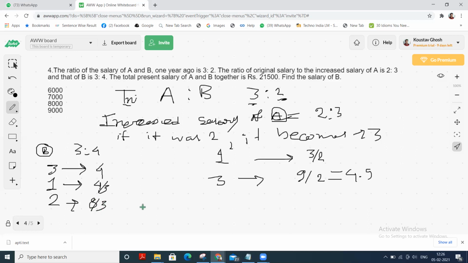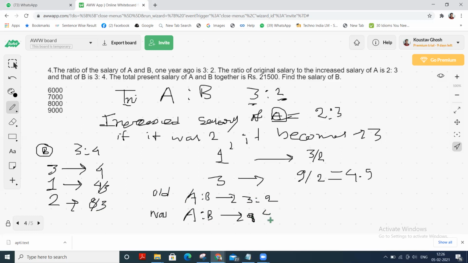Okay. That means the old ratio of A to B was 3 is to 2. But now the ratio of A to B, how much?